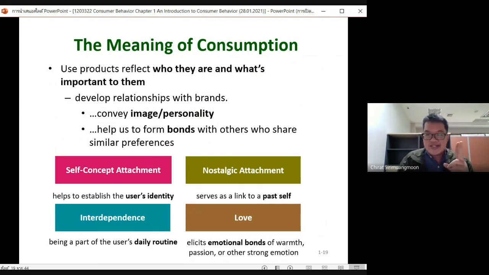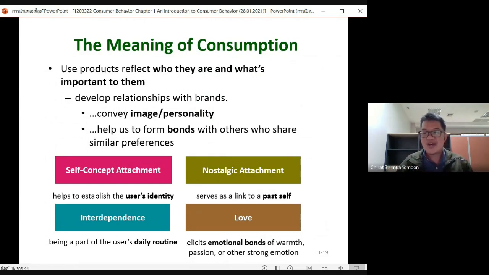On this page, I can give you four more examples of using a product to define yourself. We call it self-concept attachment if you use products to create your identity. For example, if you like hip hop style, you wear big clothes and a gold necklace.